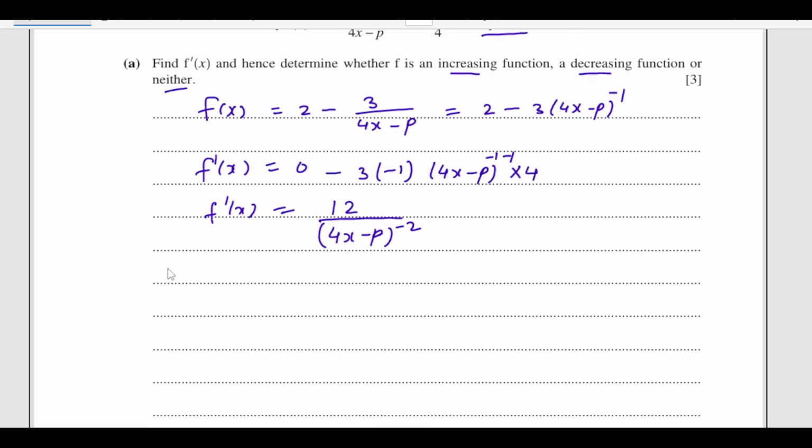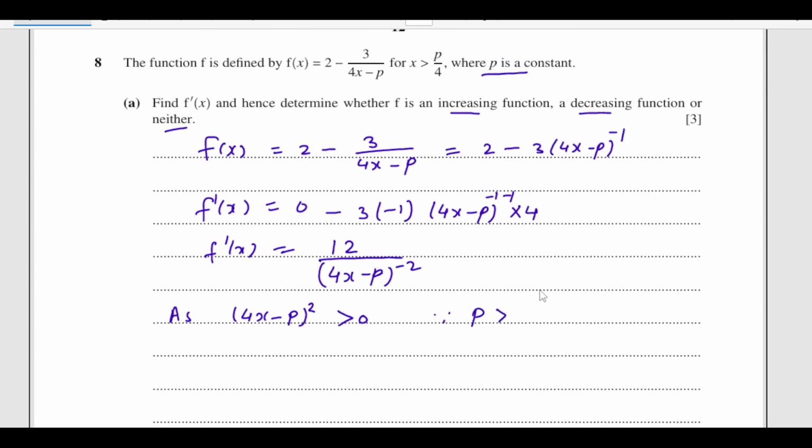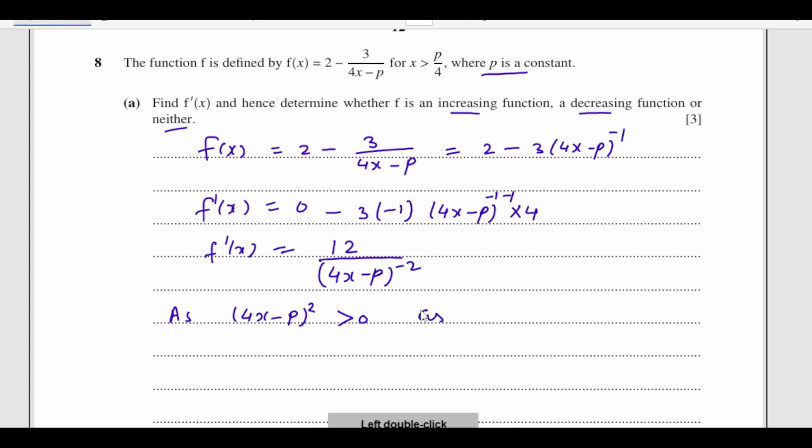Now we will see that (4x minus p) squared is always greater than 0, as we are given that x is greater than p over 4.